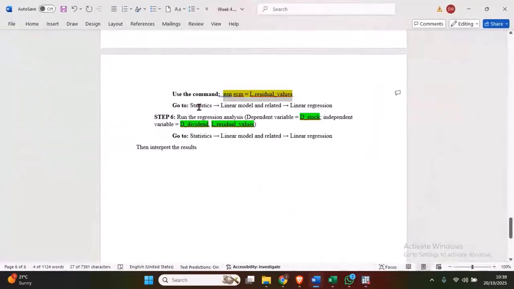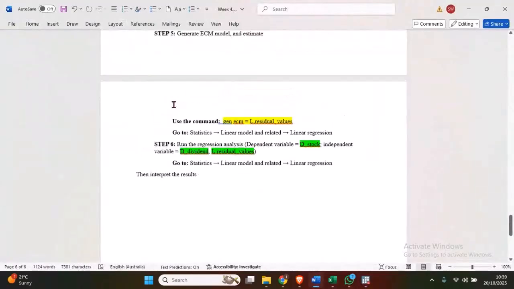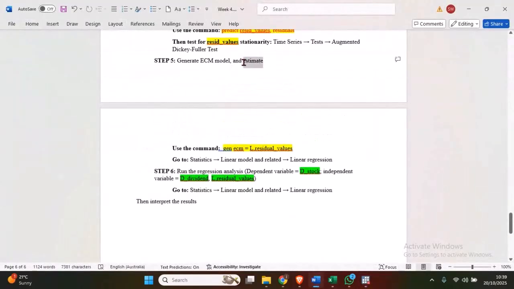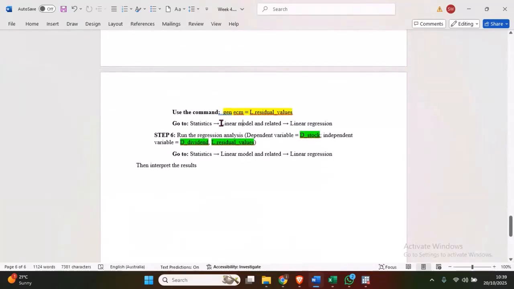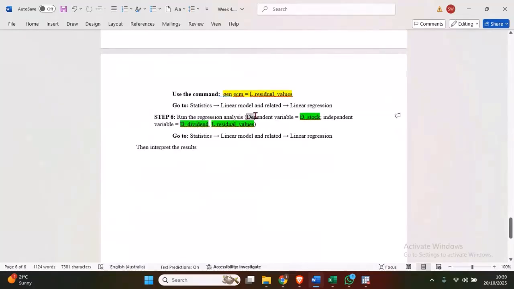Then we estimate, and to estimate is to run a linear regression. You go to statistics, we run the linear regression, which now takes us to step 6, run a linear regression analysis, whereby the dependent variable is D stock.